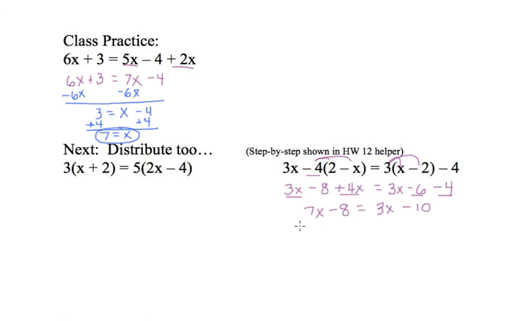I need an x on just one side so I can solve for it. So I'm going to subtract 7x. 7x minus 7x, gone. Negative 8 equals 3x and negative 7x, think money, makes negative 4x minus 10.